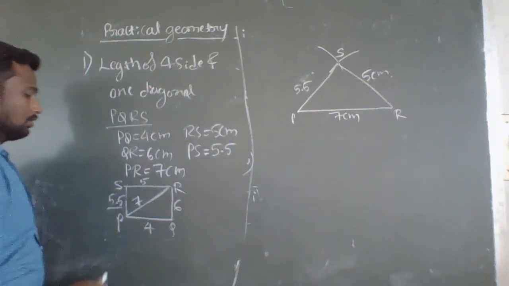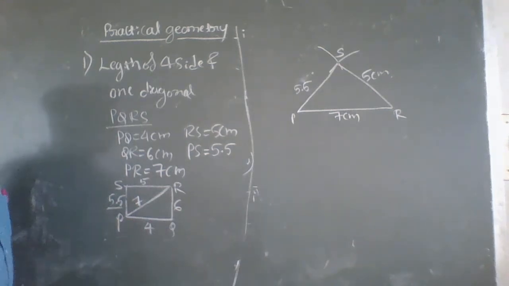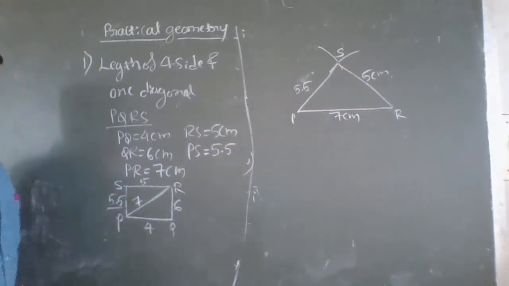Now the remaining is point Q, which will come below the line PR.